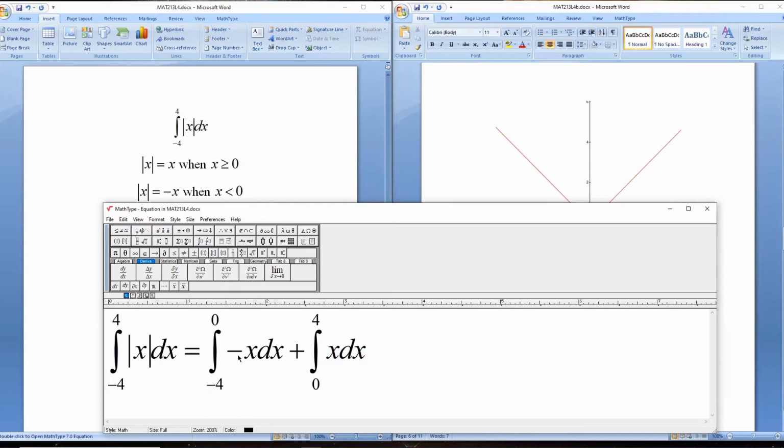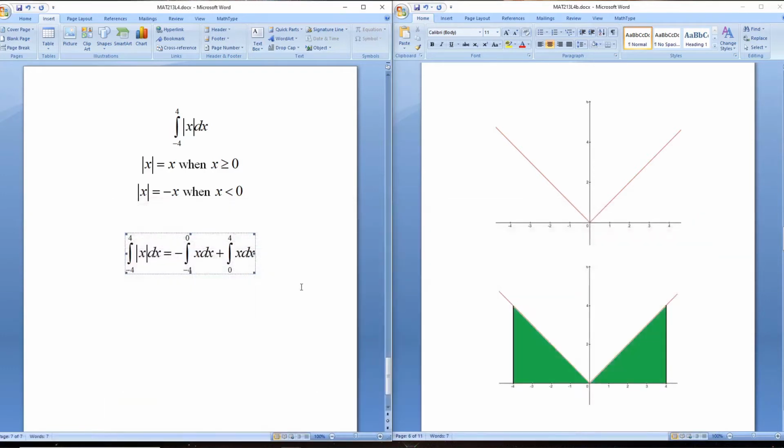And this minus sign means minus 1, that's a constant, so we can pull that outside the integral. And so there's our expression. And this again results from breaking the absolute value down into 2 equations, so we can get rid of the absolute value sign. And then breaking that down into 2 equations means we're breaking our integral into 2 parts.